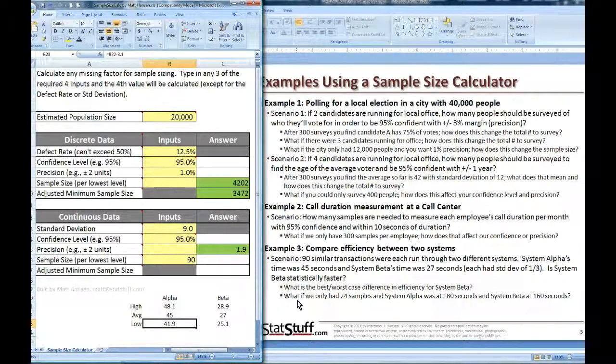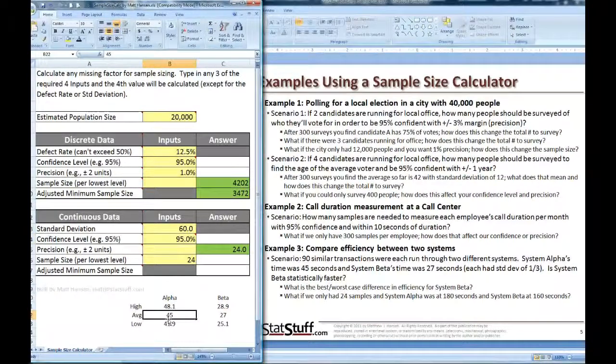Now let's adjust this a little bit more. Let's say we only had 24 samples to look at, so that's going to adjust the number of samples. And let's say that system alpha was actually 180 seconds and system beta was 160 seconds. We'll use the same standard deviation being a third, so for system alpha, 180 seconds, a third of that is 60. So plug that in, that's 24 seconds.